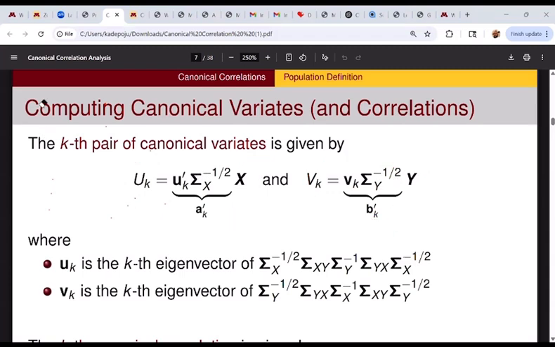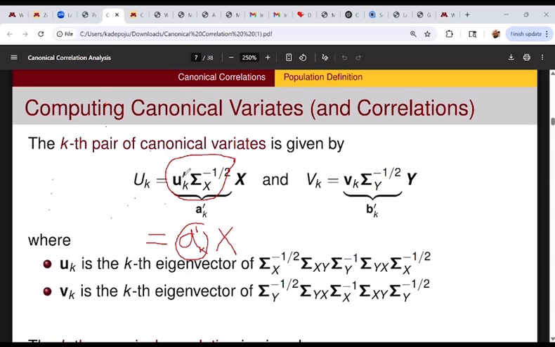If I want to rewrite this, I can write it this way. The whole of this is K I'm talking about. So for the kth variate U, I want to figure out A.